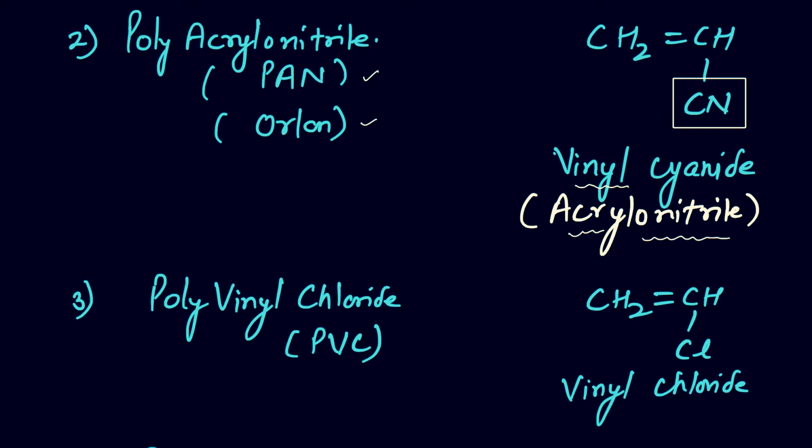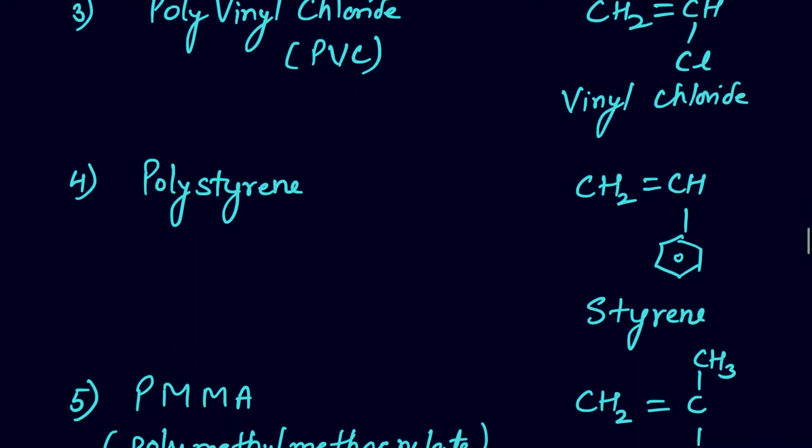Now the next polymer is PVC, polyvinyl chloride, and its monomer is vinyl chloride. So we have replaced one hydrogen from ethene molecule with chlorine.